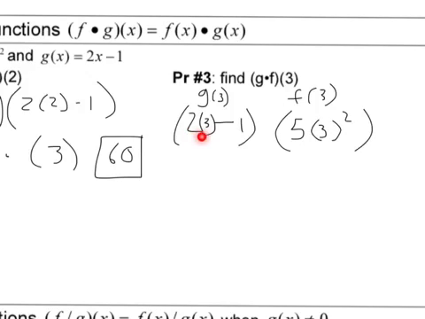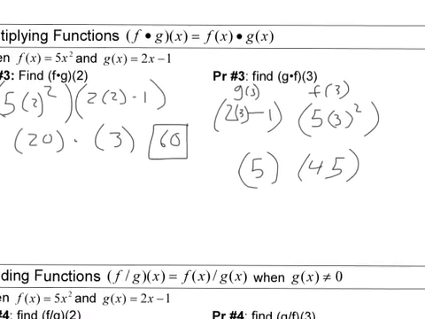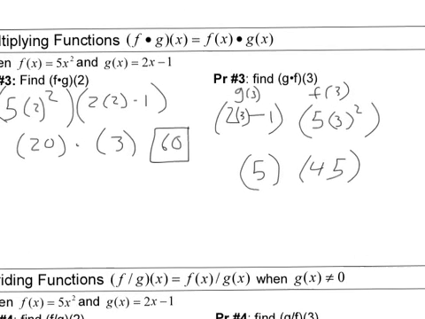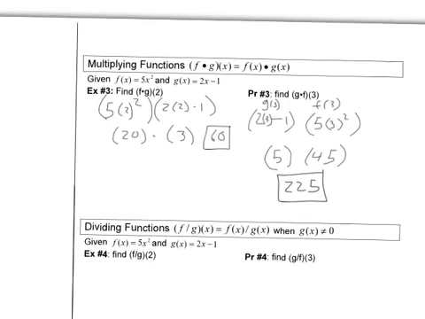Okay, pretty simple. 2 times 3 is 6, minus 1 is 5, and 3 squared is 9. 9 times 5 is 45. So we're going to do 5 times 45, which is 225.